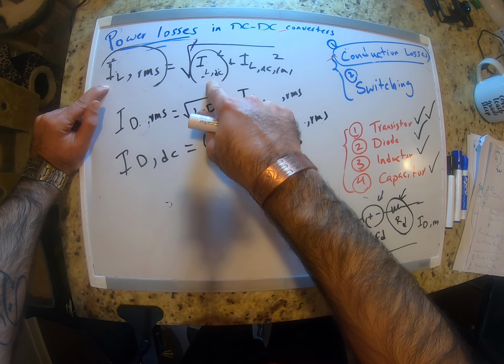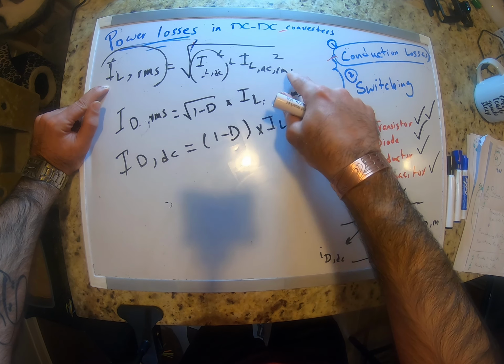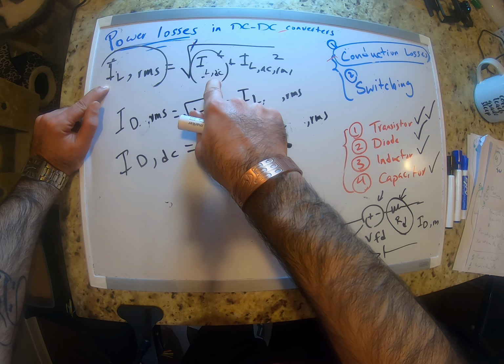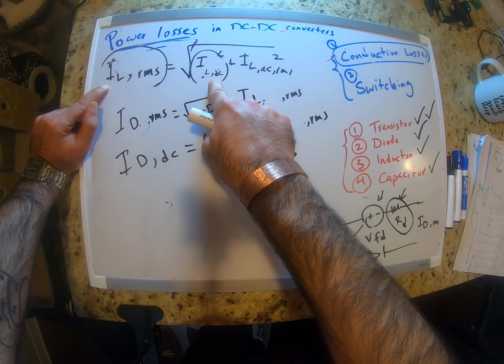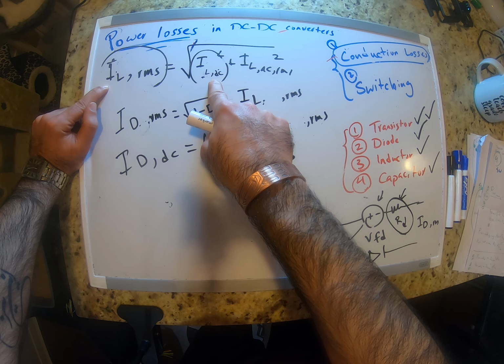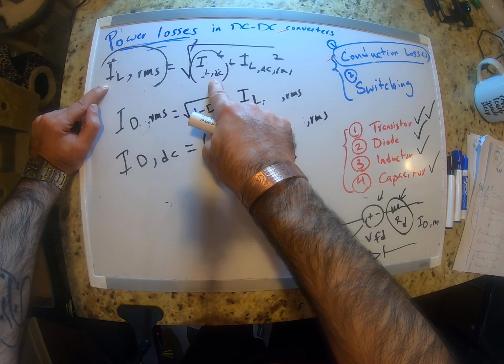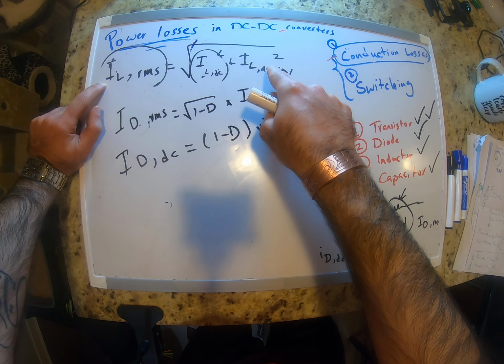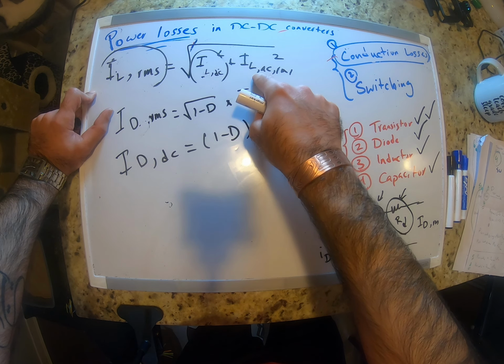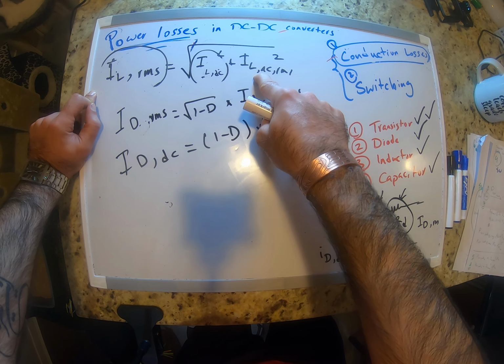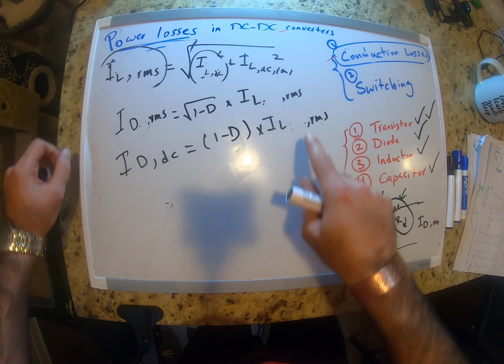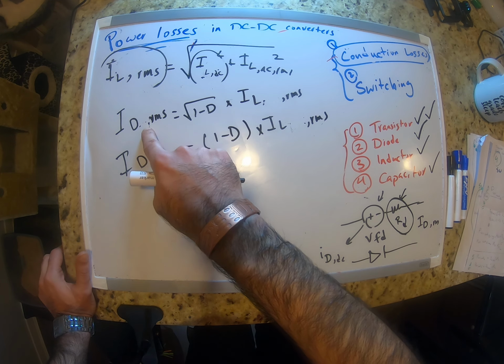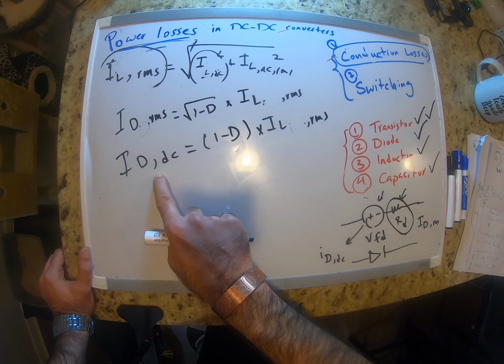It's the square root of IL DC squared plus IL AC RMS squared. IL DC for the boost converter was IO divided by 1 minus D, and for the buck converter was IO. For both buck and boost, IL AC RMS was delta IL divided by 2 root 3, right? So you can calculate this, replace it here, and calculate ID RMS and ID DC.